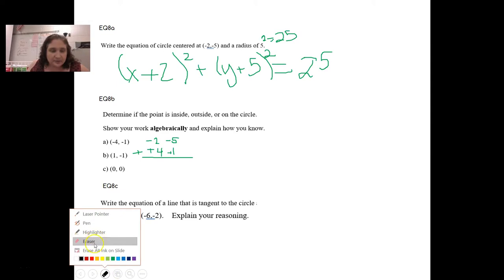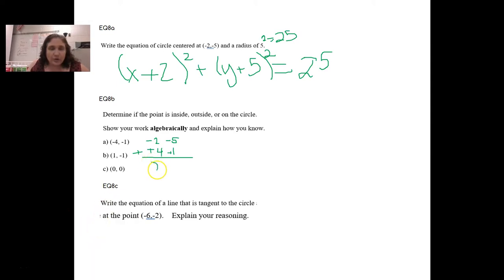I rushed. -5 plus 1 is -4. Squared, squared, already put the square there. That's going to give us 4 plus 16, which equals 20. Here's a trick. Don't do all the extra work. Because 20 is less than 25, we know that it's in.